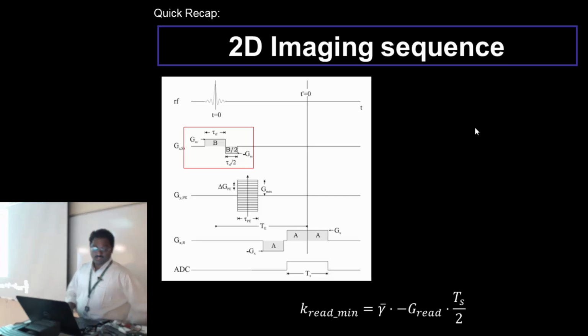Okay, so we also saw the refocusing of this slice. Whatever dephasing was happening while you were applying the slice select gradient and exciting the 2D slice, the dephasing is from half the slice select gradient, so you're refocusing that. That's this part, and then this is your 2D gradient echo. You're applying these gradients sequentially.